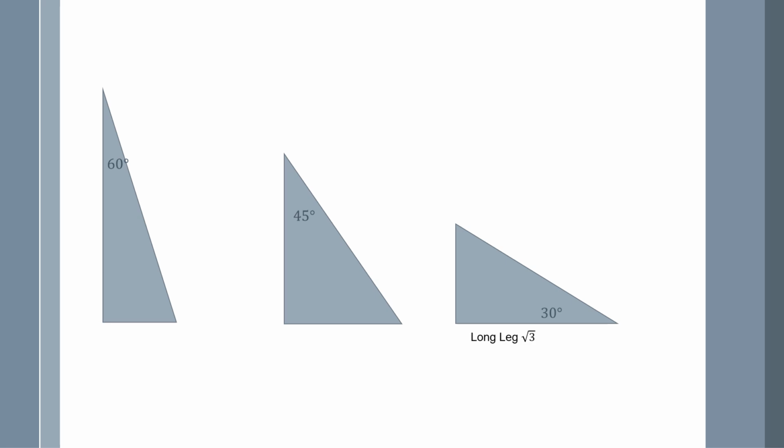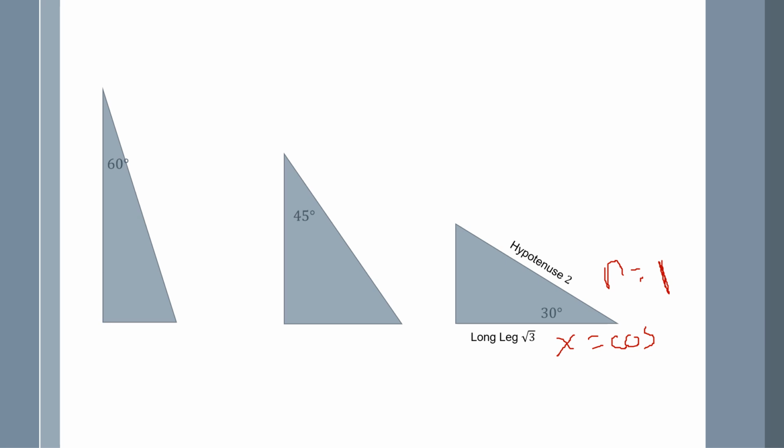The 30 degree has the long leg on the x-axis, which we consider to be cosine, and then the hypotenuse, which is your radius, and we know the measurement of the radius is always going to be 1.